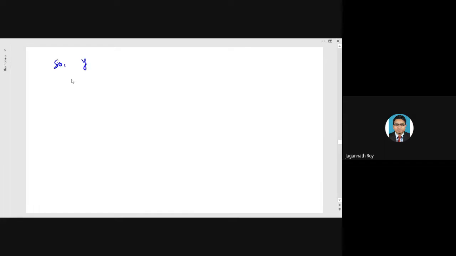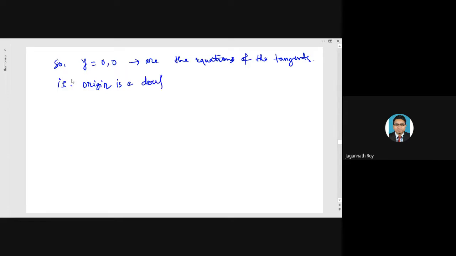So y equals 0, comma 0 are the equations of the tangents. That is, the origin is a double point in particular.